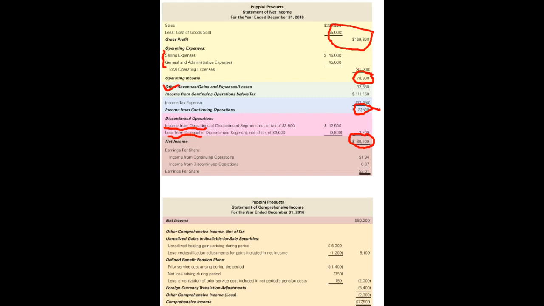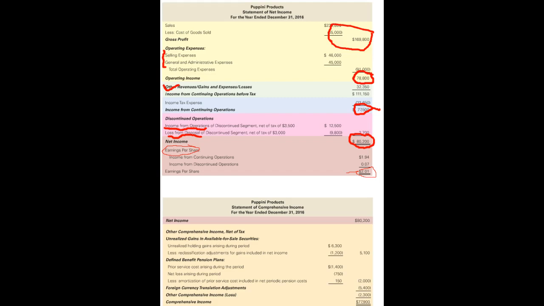The next few lines are earnings per share. It's required by GAAP to show earnings on a per share basis. So in order to get earnings per share, let's look at $2.01, that last line there. That is taking the net income of $80,200 and dividing by the number of shares outstanding.